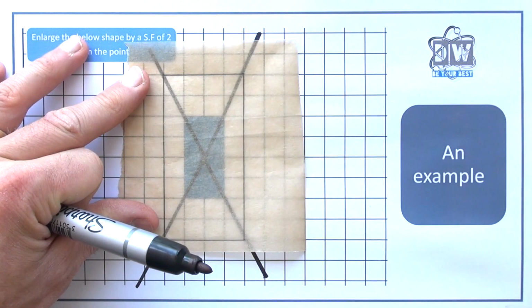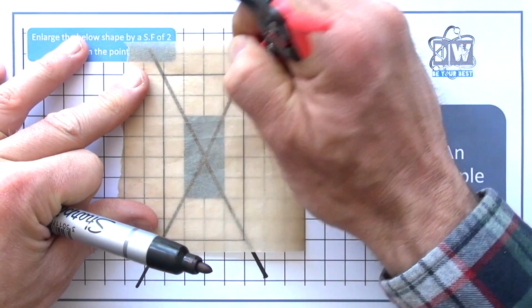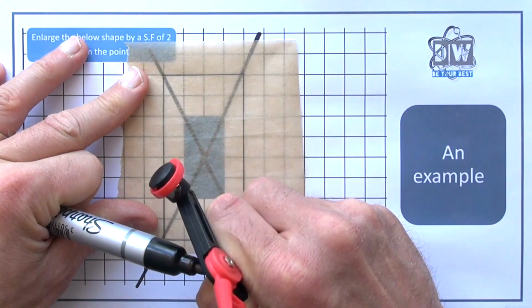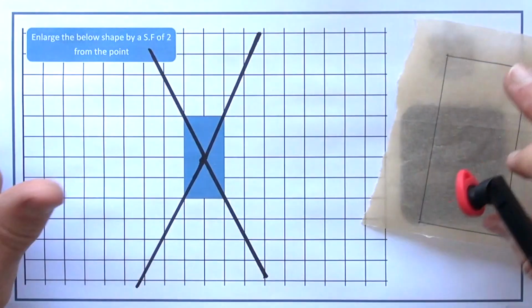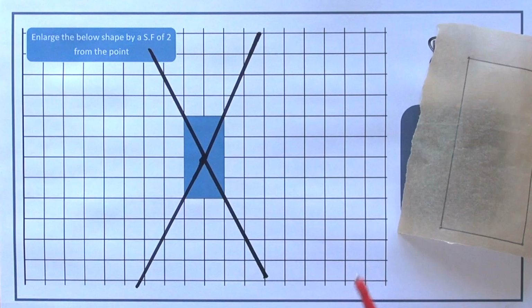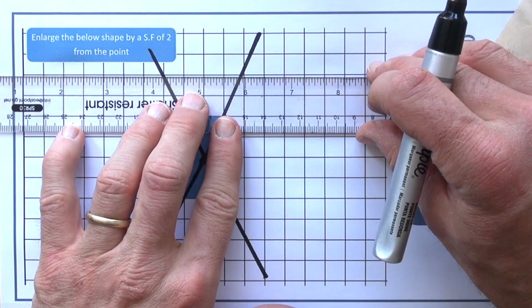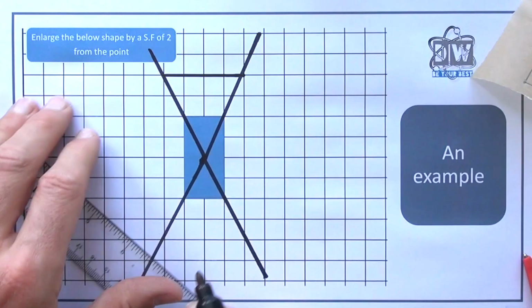So I'm going to use my compass on this occasion. I'm really going to push down nice and hard. Yeah, and I'm really going to then line up the new ones underneath. So as I take that away, I can see my points here. You may not be able to see them, but I can. Grab my ruler, connect up the dots, or the holes in this occasion.